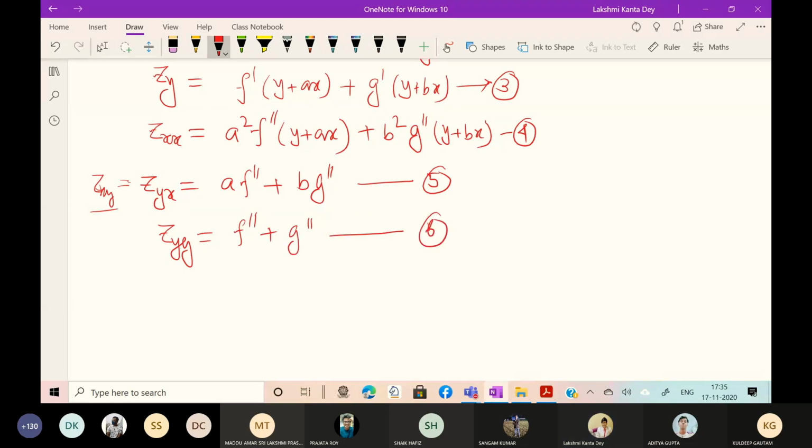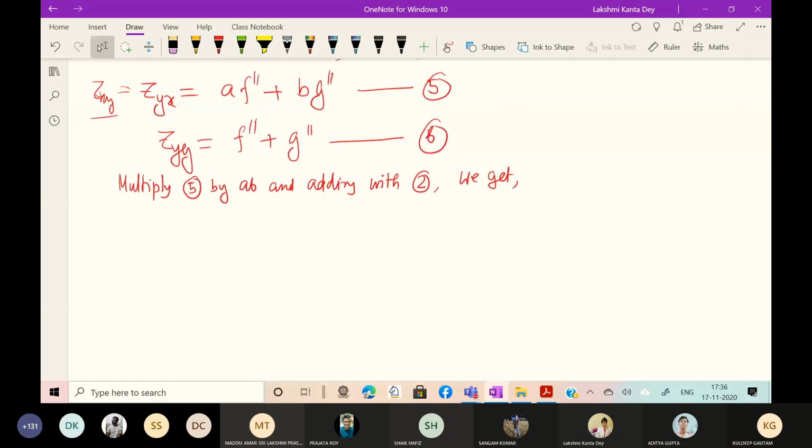This is 6. Clear? So we can multiply equation 5 by AB and add it with 2, and we get Zxx plus AB Zyy.